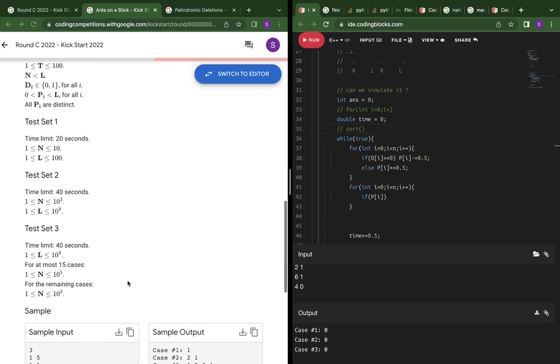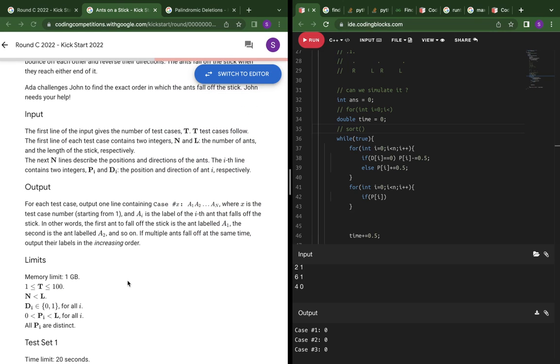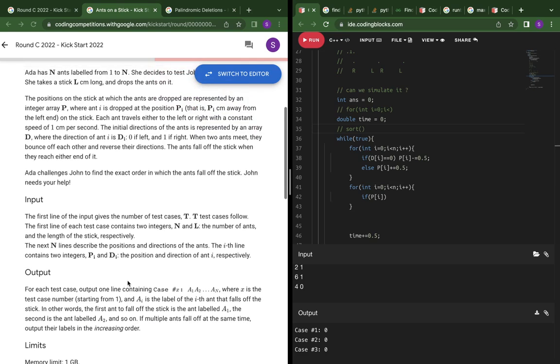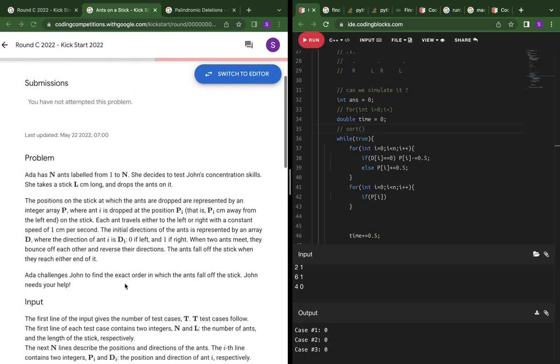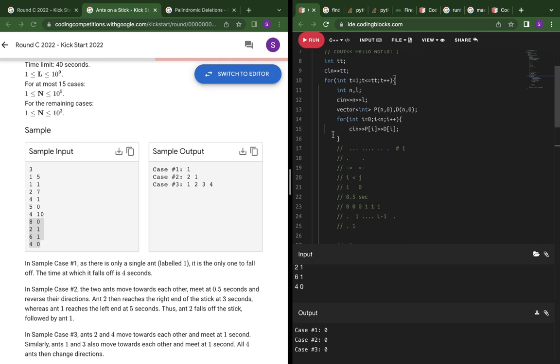Are we given that in sorted order? I guess not, because we see this. And if I have to sort them, I'll have to take a pair of vector.